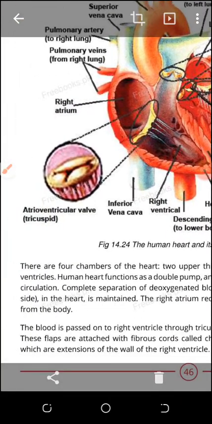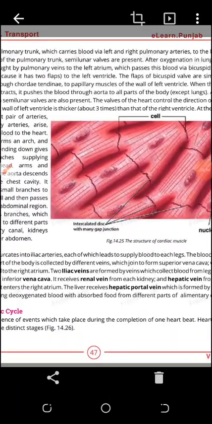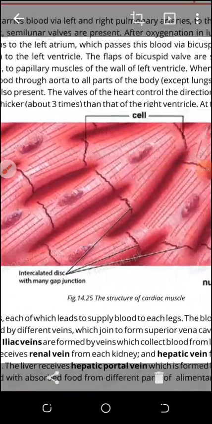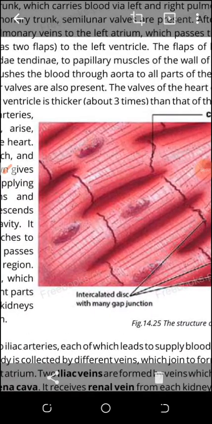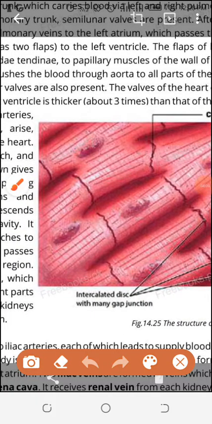We go forward and discuss the muscles of the heart. Intercalated discs are present in the cardiac muscles. These are some extra structures which are present in cardiac muscles. You can see these are intercalated discs.